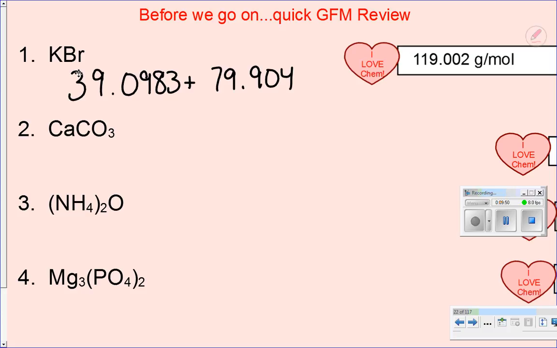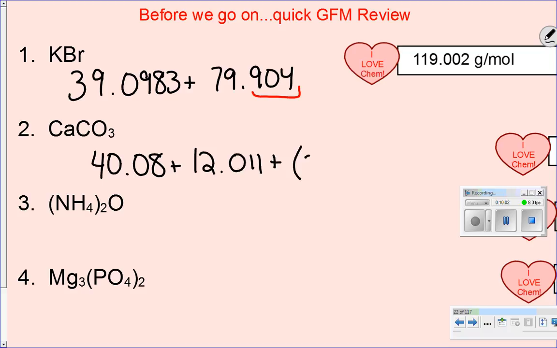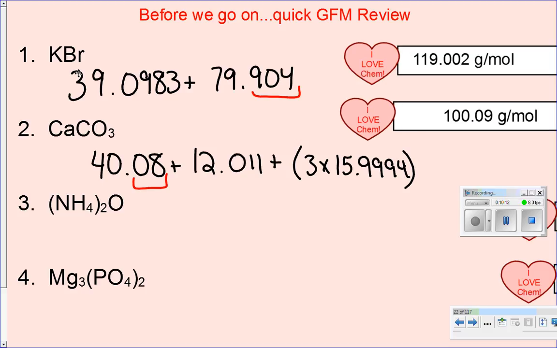So grams per mole. So you're limited by that for your decimal place. Calcium carbonate, 40.08 plus 12.011 on each of those, plus 3 times 15.9994. Our decimal will be limited by this guy right here. It's 100.09 grams per mole.